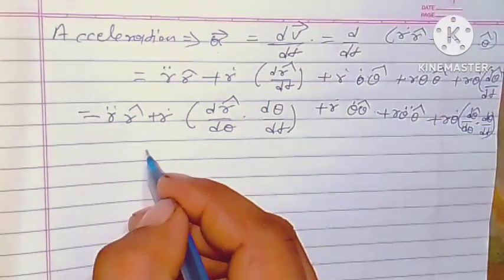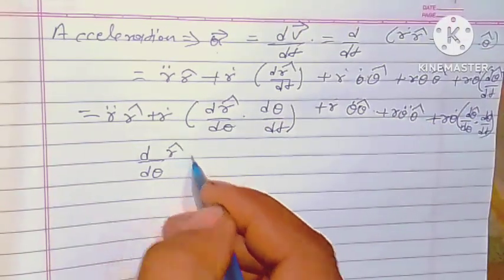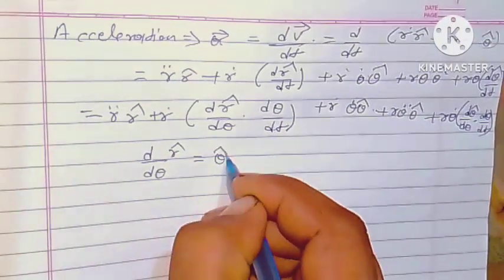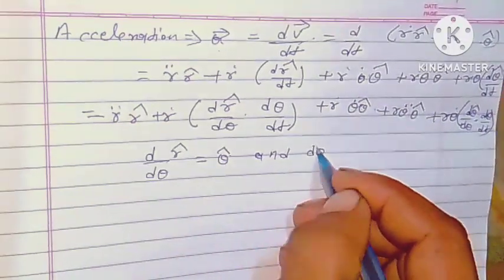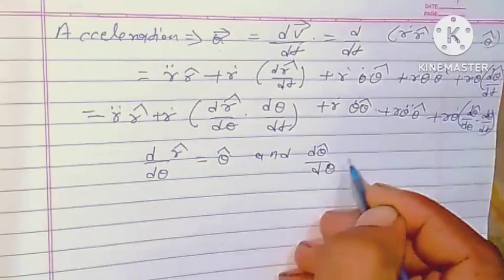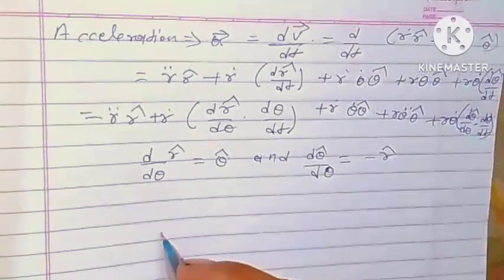But d upon d theta of unit vector r equals unit vector theta, and d unit vector theta upon d theta equals minus unit vector r.